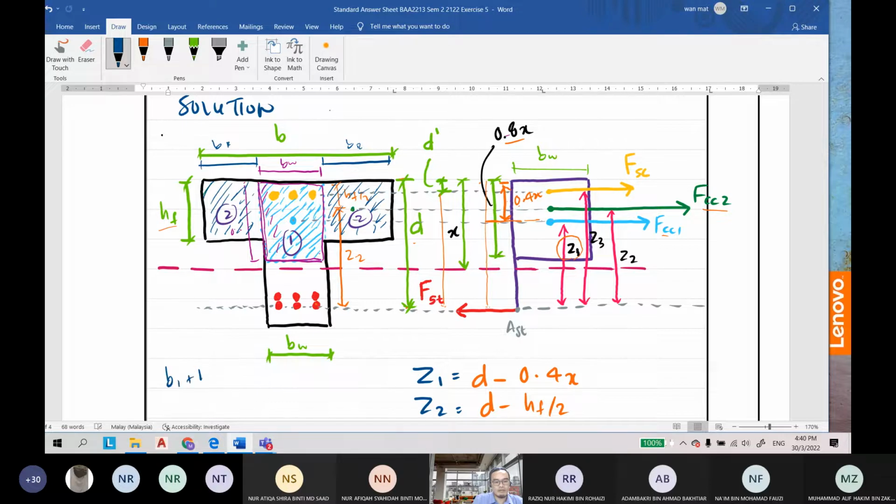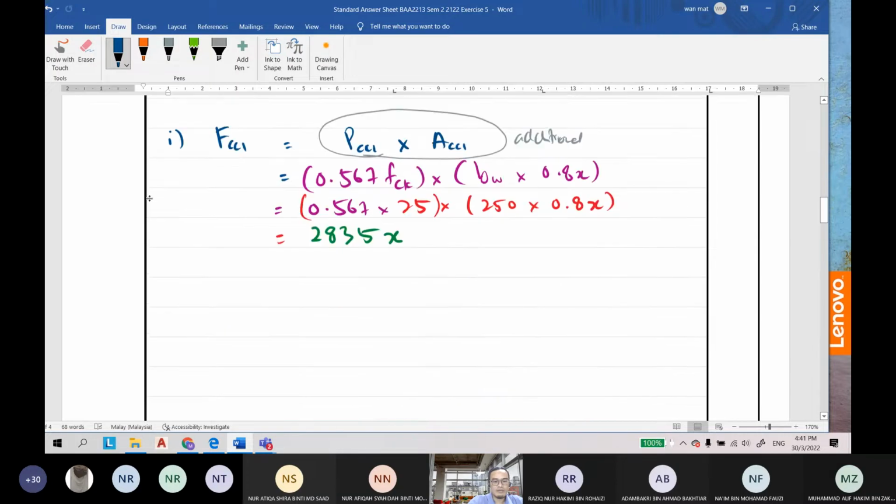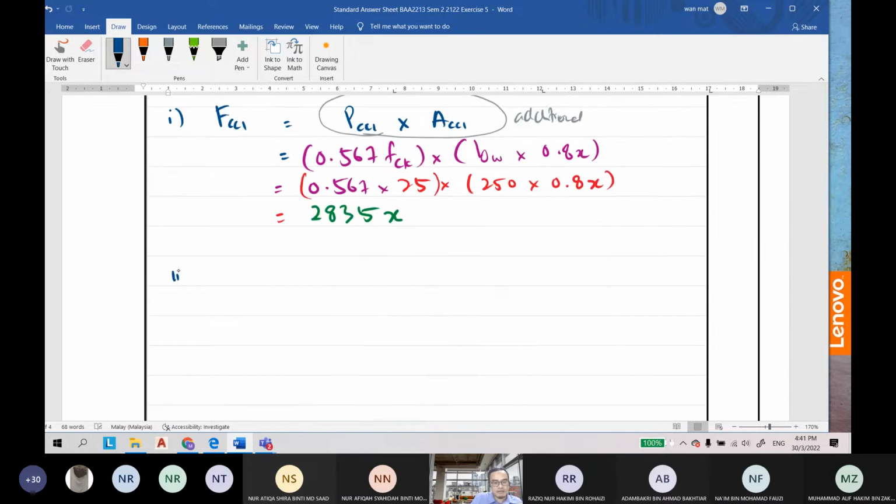B1 plus B2 is equal to the whole B minus BW. Do you agree with me? And then you must multiply by HF. That is how to get the area.